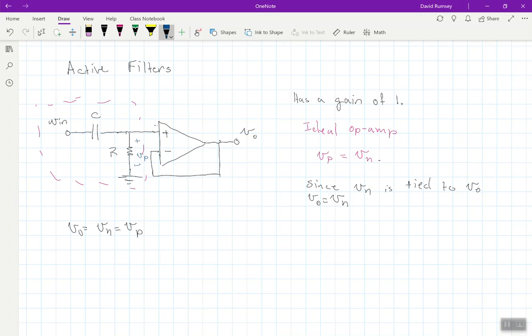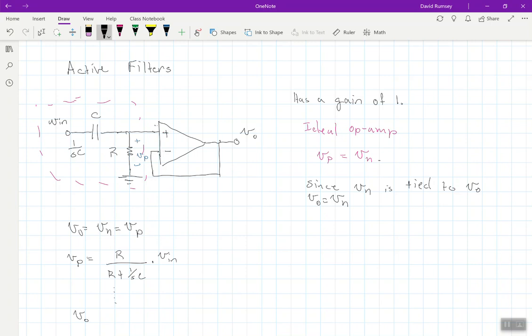Now I'm just going to do a voltage division, with 1 over SC and R. V positive is equal to R over R plus 1 over SC times Vn.